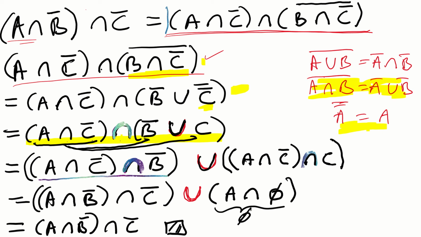So the first distribution, which is this, I distribute with this expression, it gives us this part. Now we apply the second distribution and we keep this union here, which is this union.